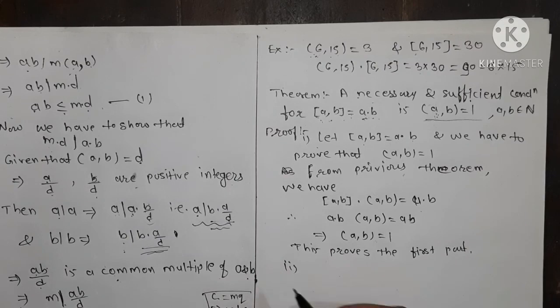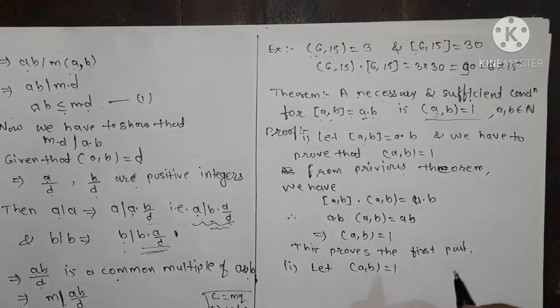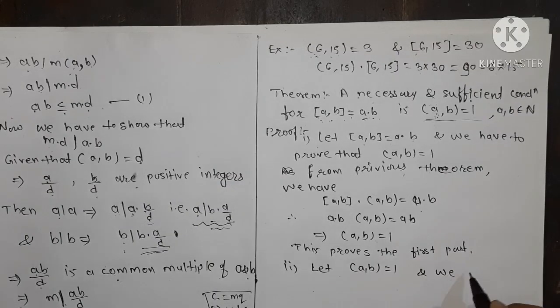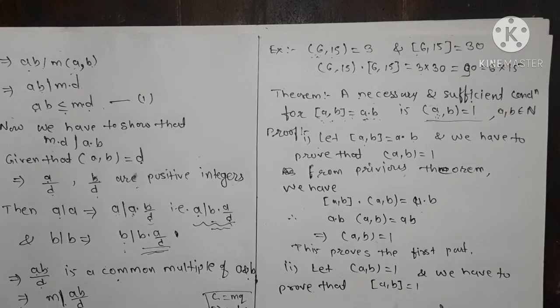Now we prove the second part. For this we let GCD of a comma b be equal to 1, and we have to prove that LCM of a comma b is equal to a into b.